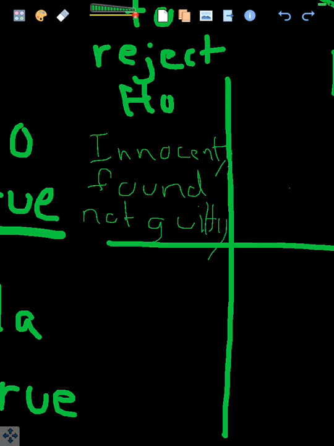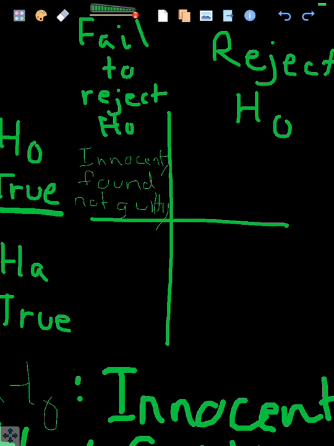And I love this analogy because just like saying we're found not guilty, when we fail to reject the H0, we're not saying that HA is not true. It's just we didn't get enough evidence to overturn our presumption of innocence, our H0.